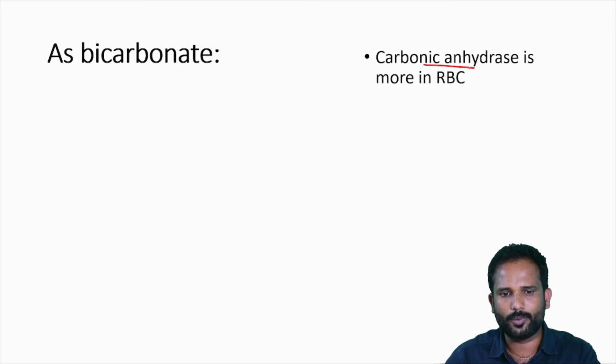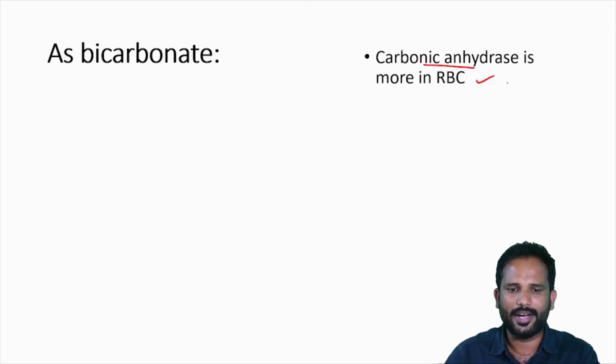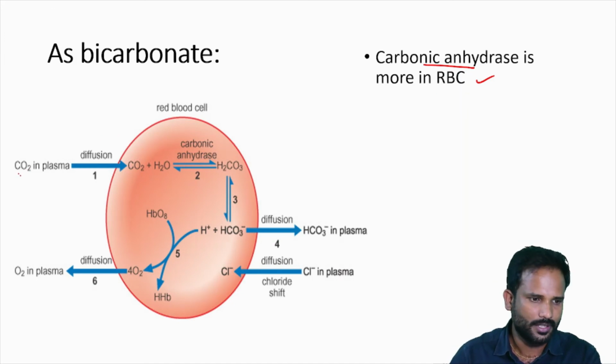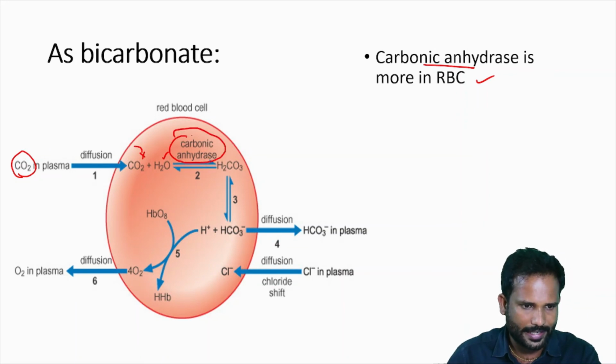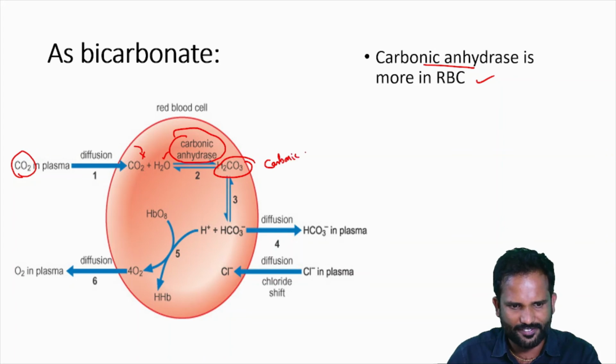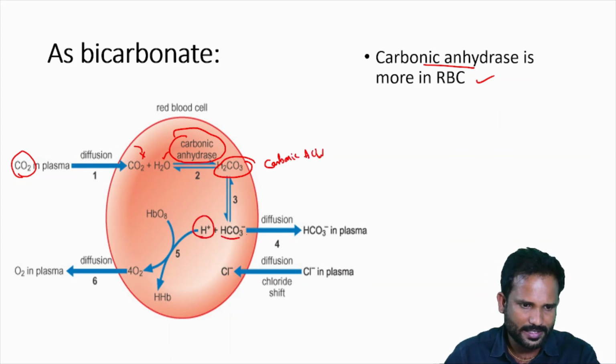Carbonic anhydrase is the key enzyme for the formation of bicarbonate, and it is more abundant in RBC. So CO2 in plasma enters the RBC. It combines with water in the presence of carbonic anhydrase, forming carbonic acid, which is a weak acid and dissociates into H plus and bicarbonate. This bicarbonate diffuses out in exchange with chloride.